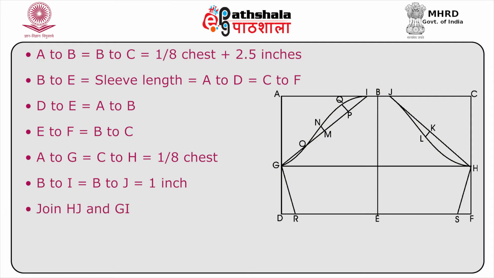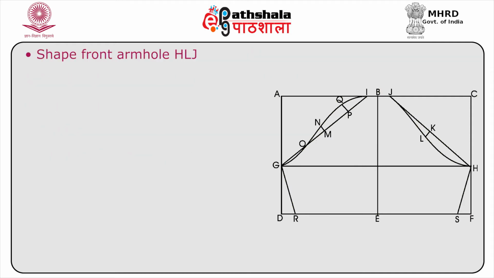Now join HJ and GI. K is the midpoint of HJ. K to L is 0.5 inches. Now shape the front armhole HLJ. M is the midpoint of GI.